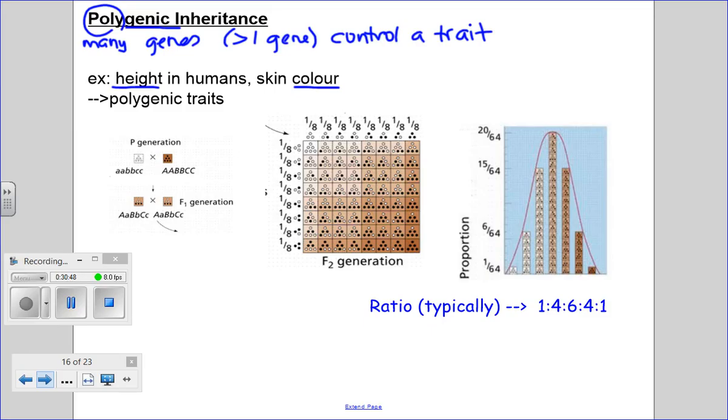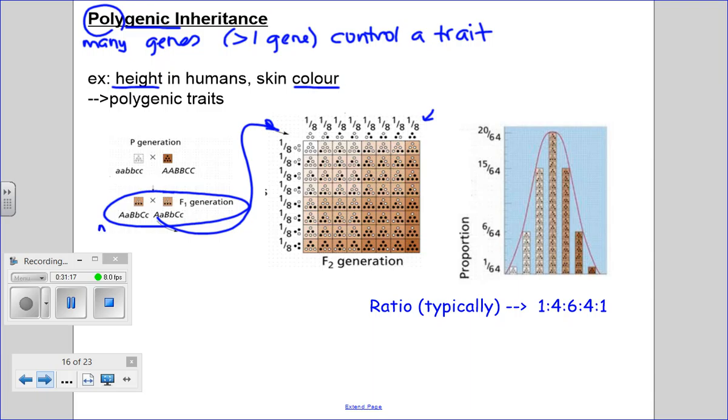In my little example here, I'm just using it to represent how complex this can be. I will never ask you, never, to make a 64 square Punnett square and fill it in. That would be silly and ridiculous and take up way too much space and time. What I want to represent is this. Let's say these are my two parents that I'm crossing up here.